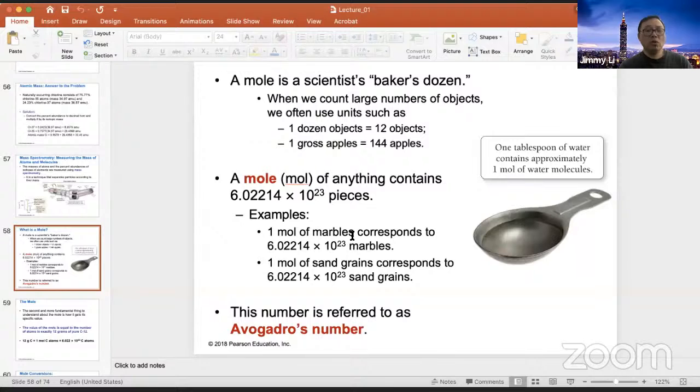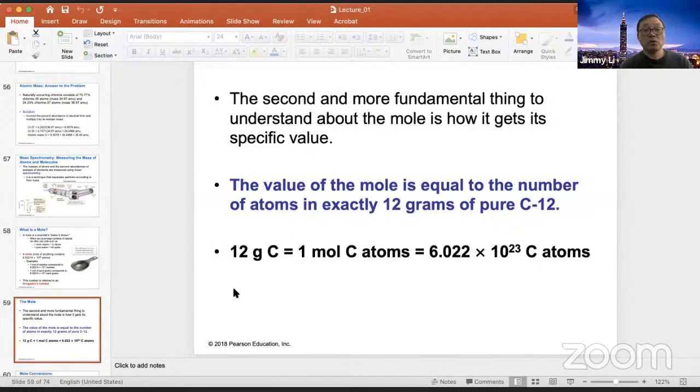How big is a mole? A mole is equal to 6.022 times 10 to the 23rd units. So a mole could be associated with any units. This number is something we'll call Avogadro's number, 6.022 times 10 to the 23rd units.